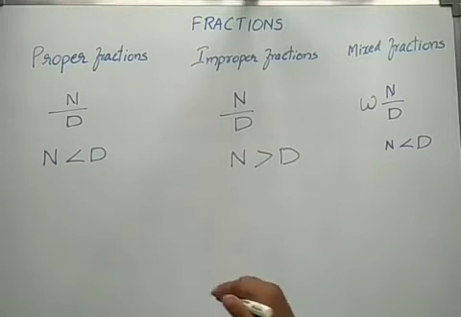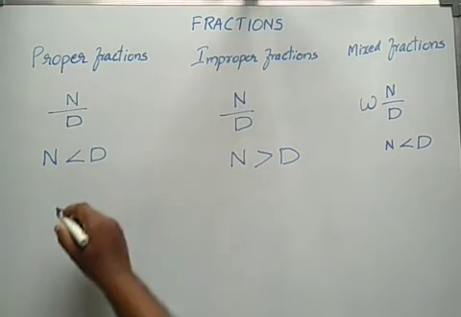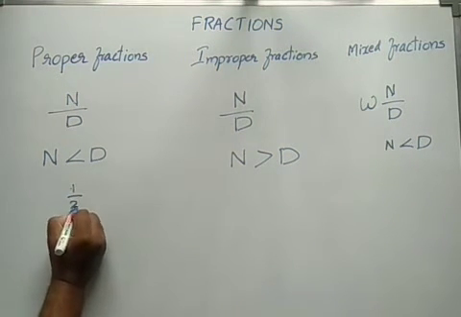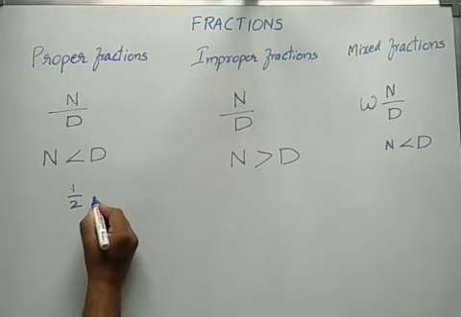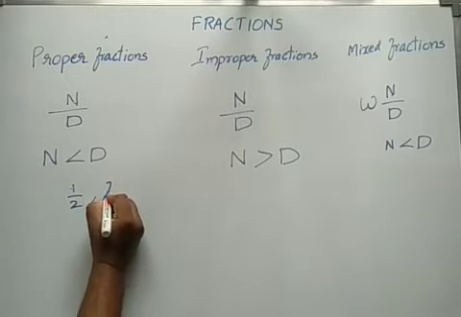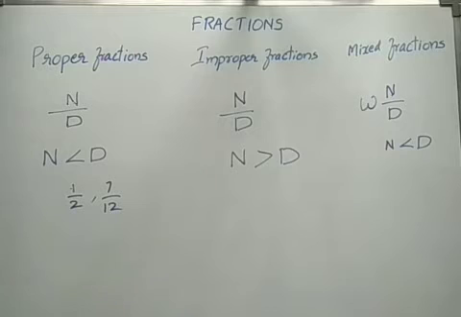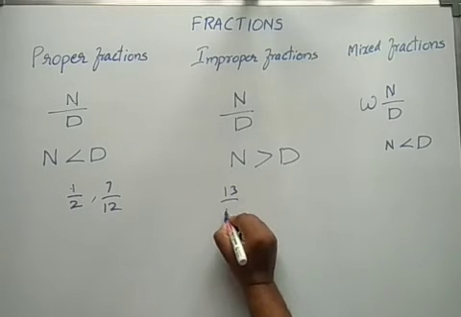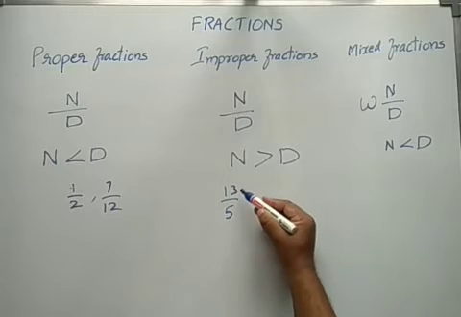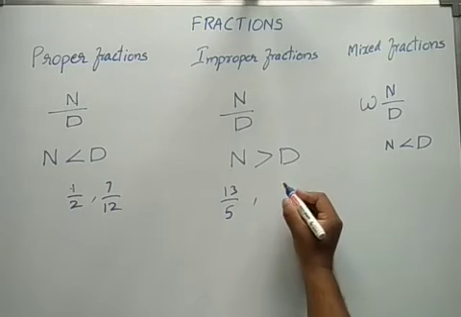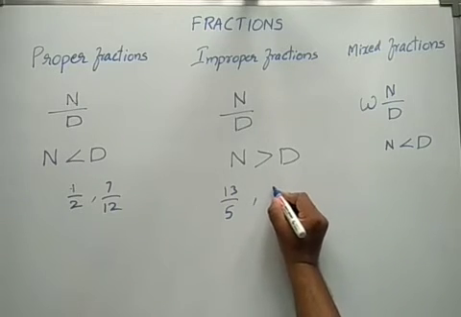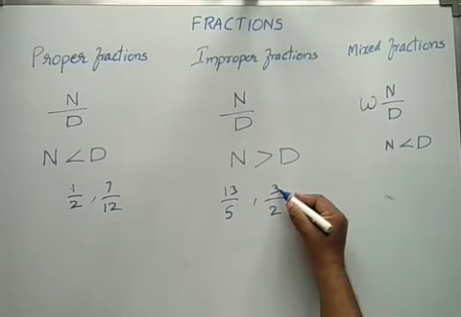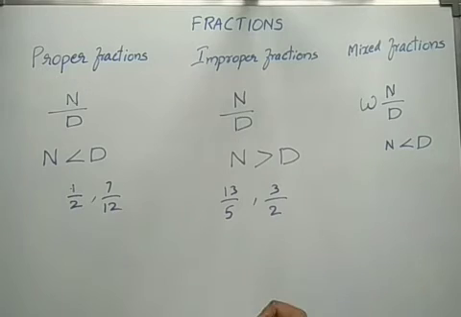I'll give different examples for this. See, here the proper fraction: 1 by 2, numerator is less than the denominator; 7 by 12. Here 13 by 5, because the numerator is greater than the denominator. 3 by 2, here the numerator is greater than the denominator.